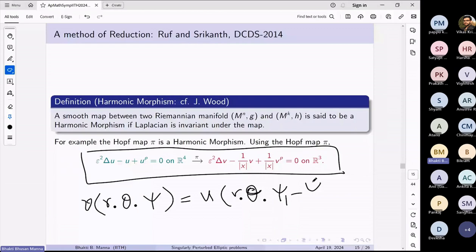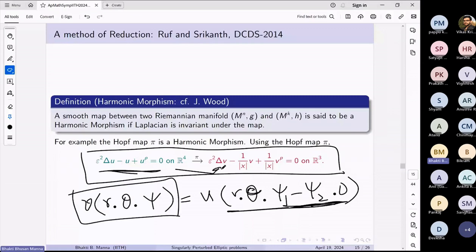We can write this because u is invariant under this tau action, and then the original equation will transform to this equation.